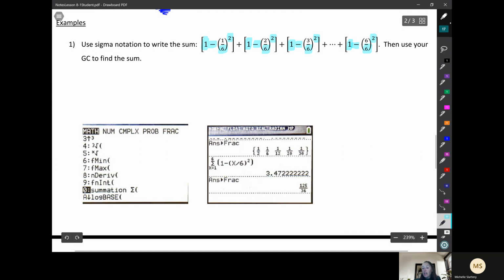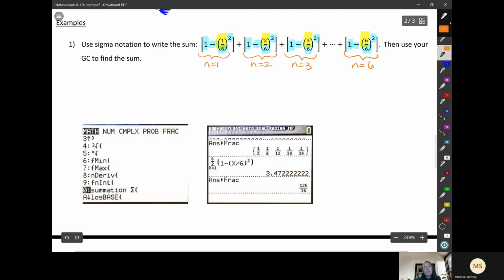The only thing that's going to change is that numerator. I'm looking at the numerator, I have a 1, then a 2, then a 3, and then up to a 6. This first one here is called the first term, so that's when n equals 1. This is when n equals 2, and so on. When n equals 3, and this one here is going to be when n equals 6. So writing in our sigma notation, we're going to put sigma.